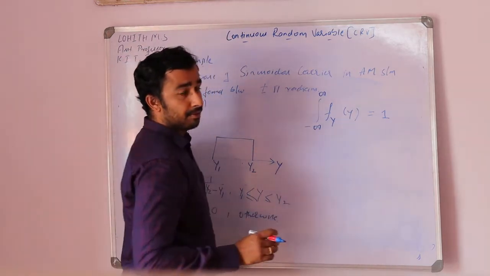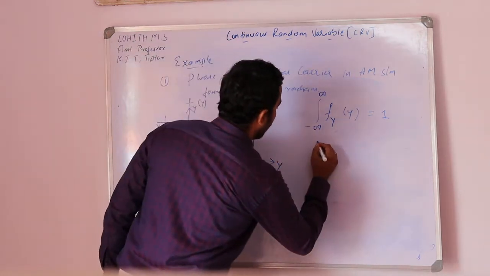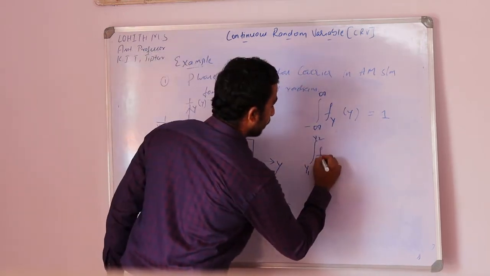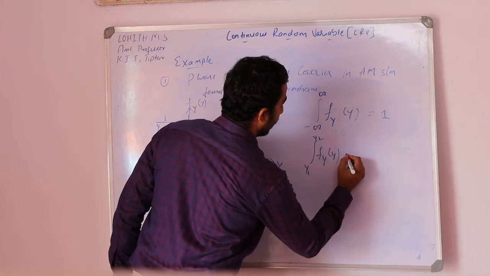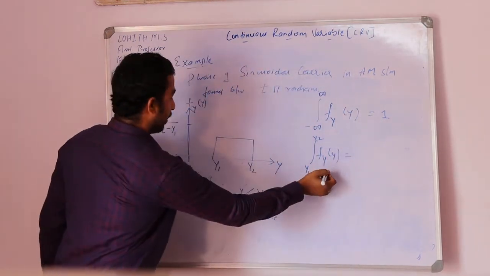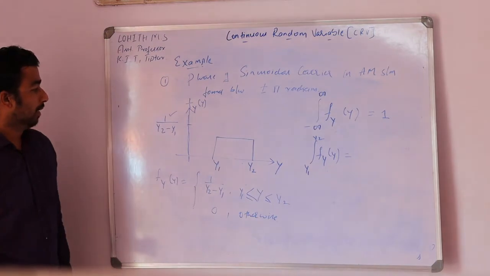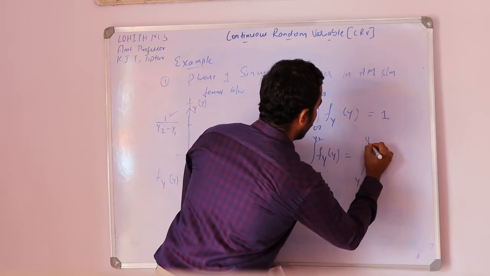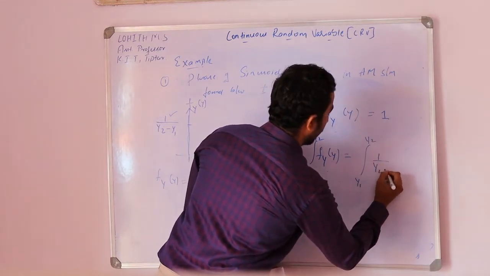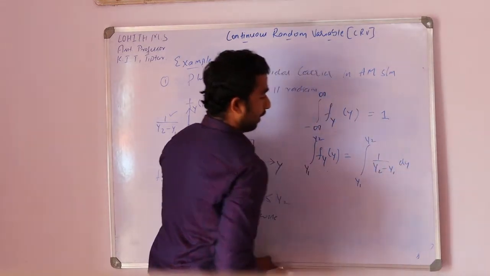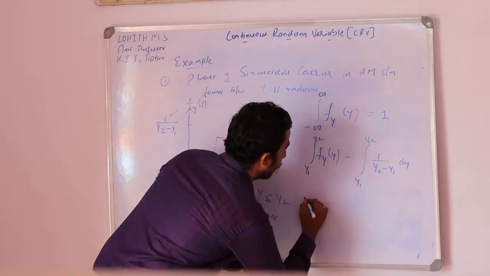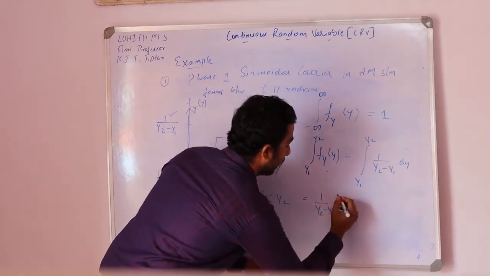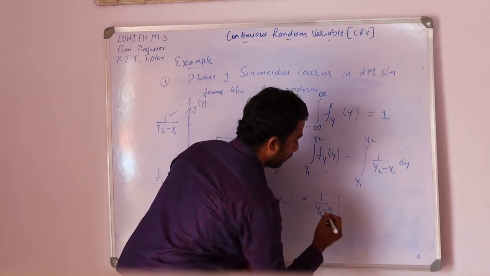Now, if it varies from y1 to y2, f y of y is 1 by y2 minus y1. So we integrate from y1 to y2, 1 divided by y2 minus y1 dy. When we integrate this, we get 1 by y2 minus y1, as it is a constant.